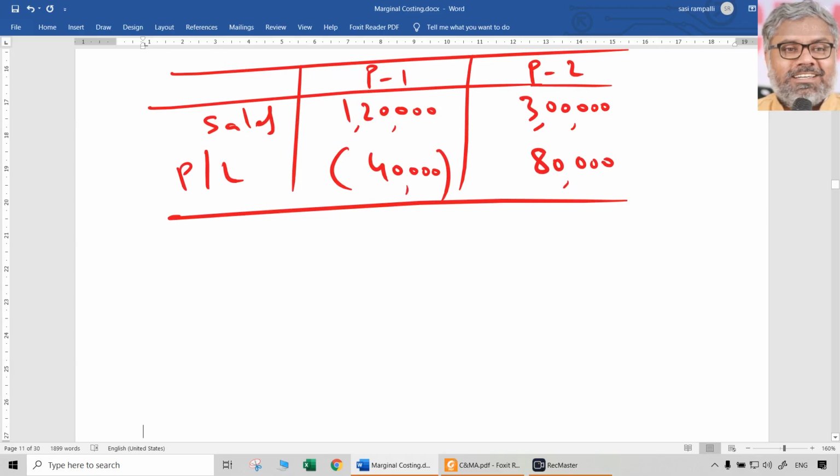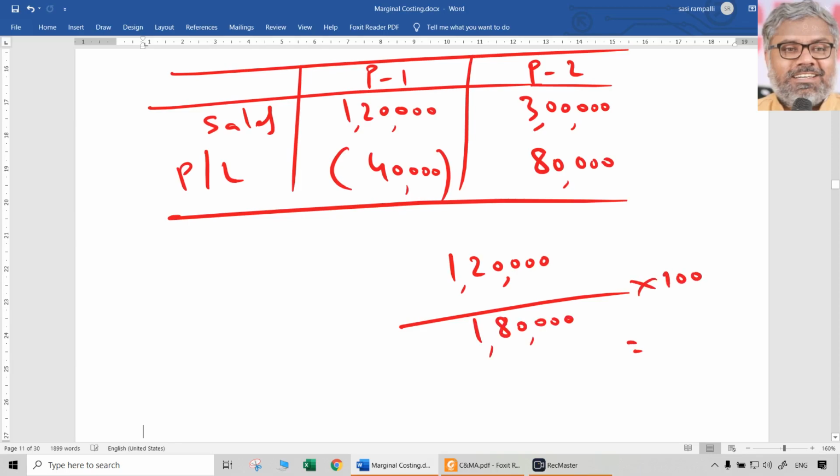So change in profit how much? This is where once again people make mistakes. Change in profit here is how much? Minus 40 plus 80. Change in profit is 1,20,000. From minus 40,000 to 0, 40,000. From there to 80,000, another 80,000. Total change is 1,20,000, divided by change in sales. From 1,20,000 to 3 lakhs it has increased, means 1,80,000 is the change in sales, into 100.